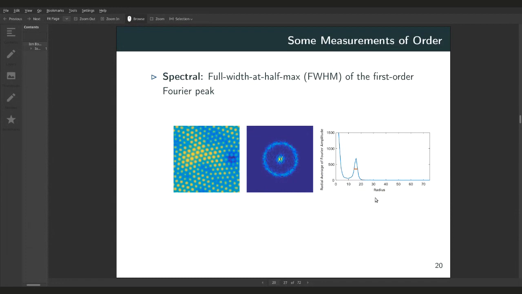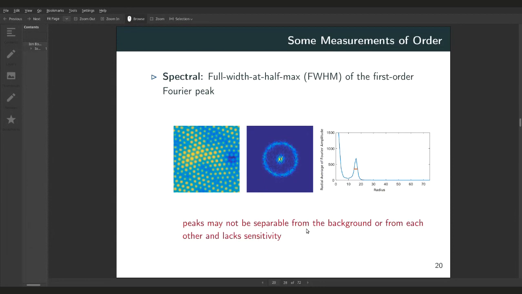This should give you a measure of order. If you have a perfect hexagonal lattice, you're going to end up with 6 very concentrated dots in your Fourier transform, so the width of your first order Fourier peak is going to be very narrow. As it broadens, that's an indicator that your pattern is more disordered.